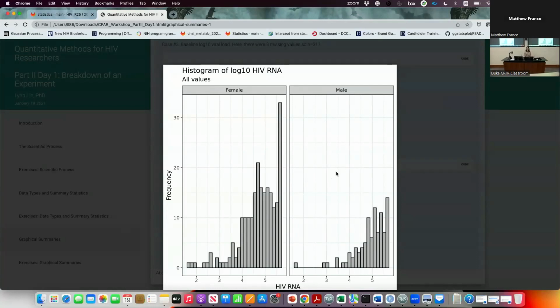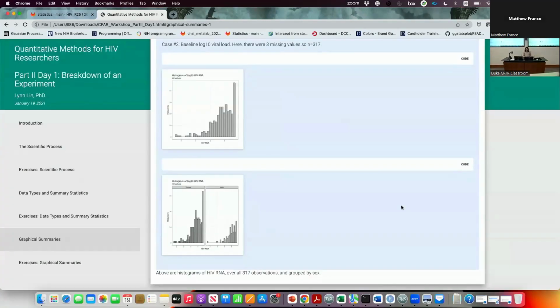But the idea is that you use the visualization to gather the major information, not too much detail, because later we are going to use statistics to formally test whether there is any significant difference between male and female. Here, I just give you some ideas of how this data looks, some summary information.